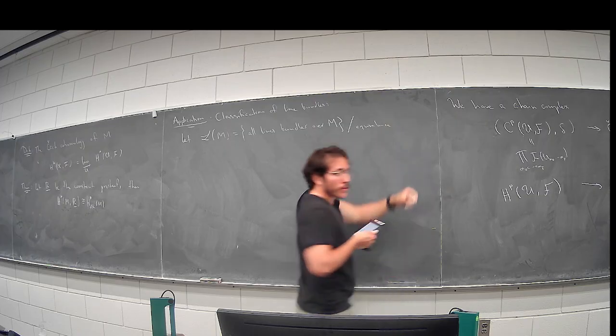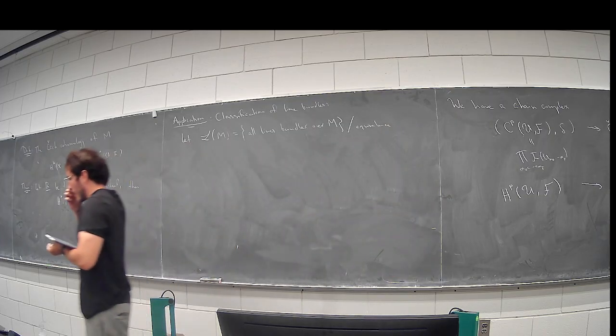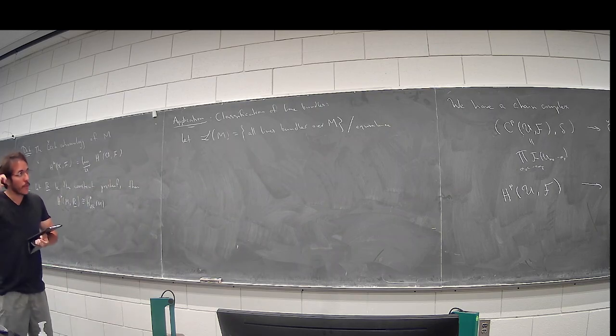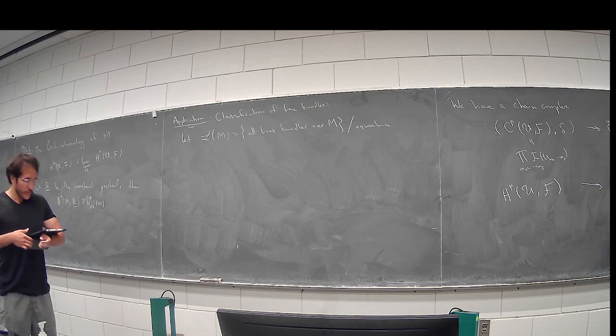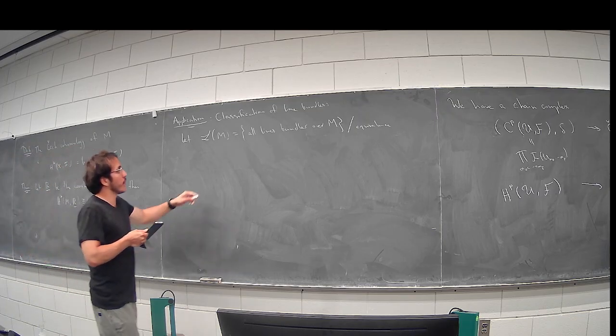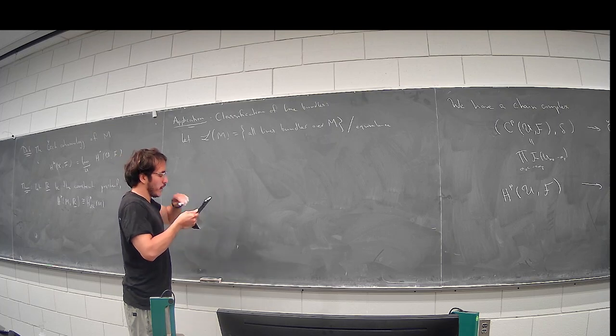We know what equivalence of vector bundles is, we talked about this before. So let's look at this moduli space, the moduli space of all line bundles over M modulo equivalence.